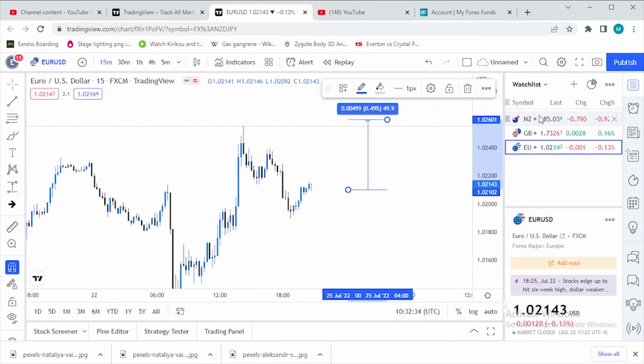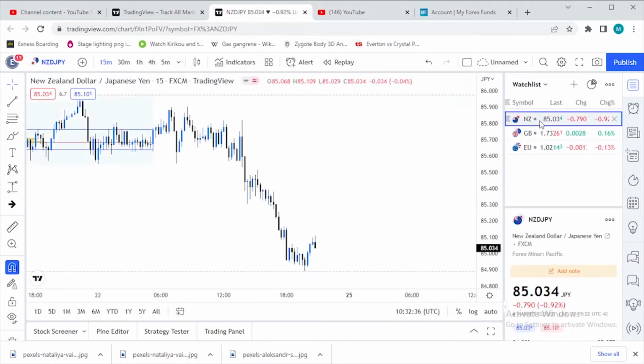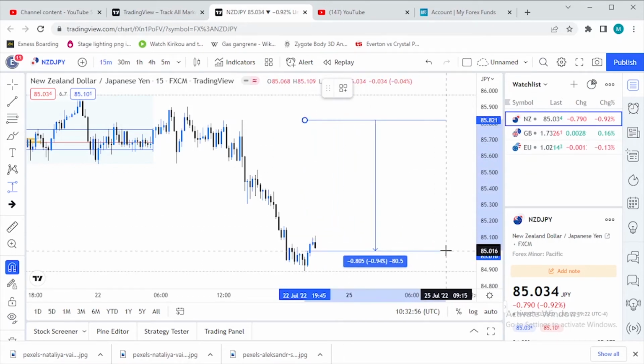So for JPY pairs, only the first two digits after the decimal point are going to be of your concern. So let's say you had sold from 85.82 all the way to 85.0.